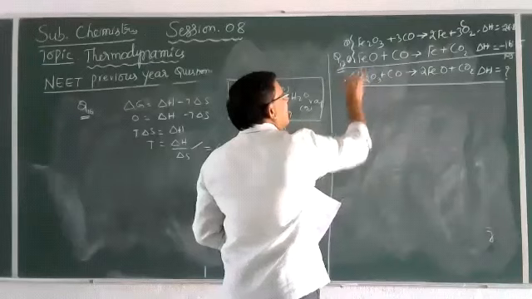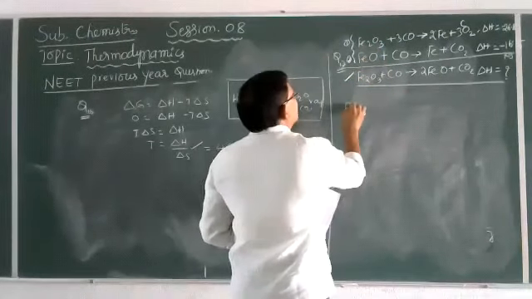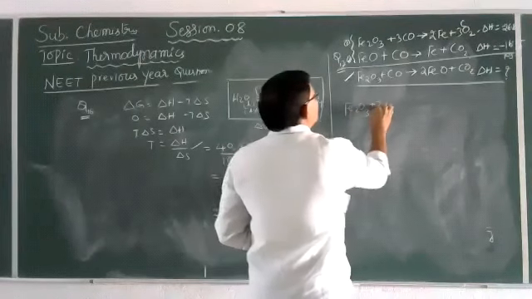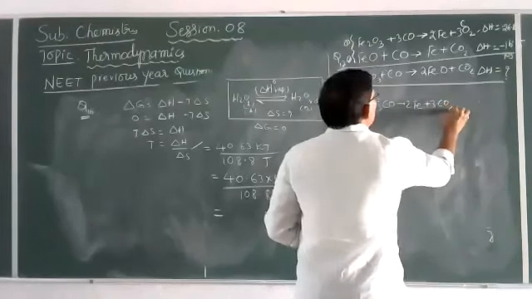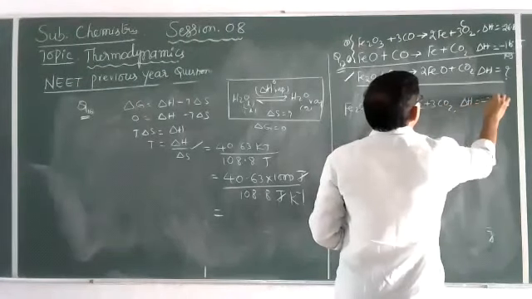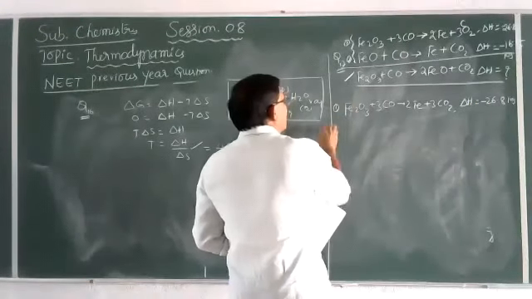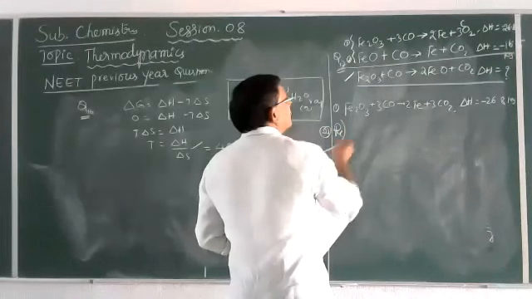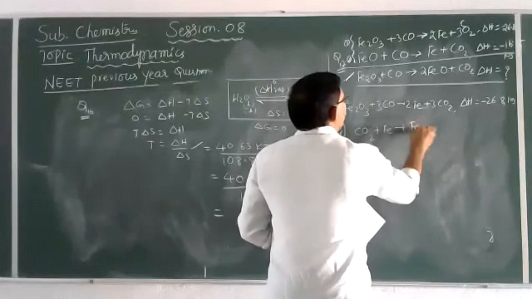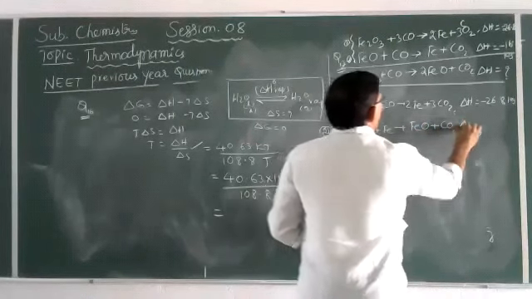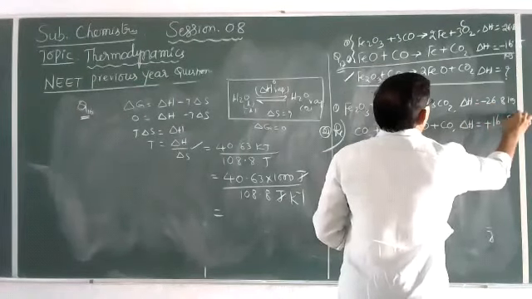So to get the required reaction, equation 1 stays as it is: Fe2O3 plus 3CO gives 2Fe plus 3CO2, value also the same, minus 26.8 kilojoules. This is equation 1. Equation 2 is reversed: CO2 plus Fe gives FeO plus CO, delta H is the reversed value, plus 16.5 kilojoules.